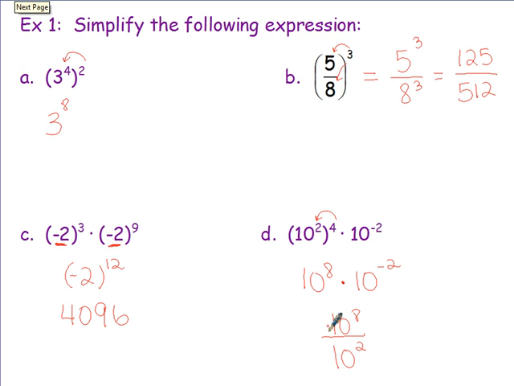These are on top and bottom, so we're going to subtract. Now the only thing that's subtracting are the exponents. Again, the 10 isn't changing. 8, take away 2, leaves me with 6. And then finally, you can type in your calculator, 10 to the power of 6, and you should get 1 million.